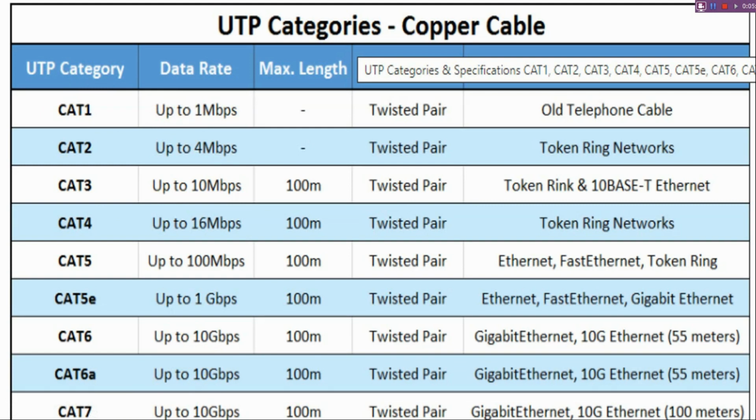So most networks today would use at least Cat 6, because most networks would be running at least at gigabit speed. So Cat 1 and Cat 5 are pretty much obsolete today.